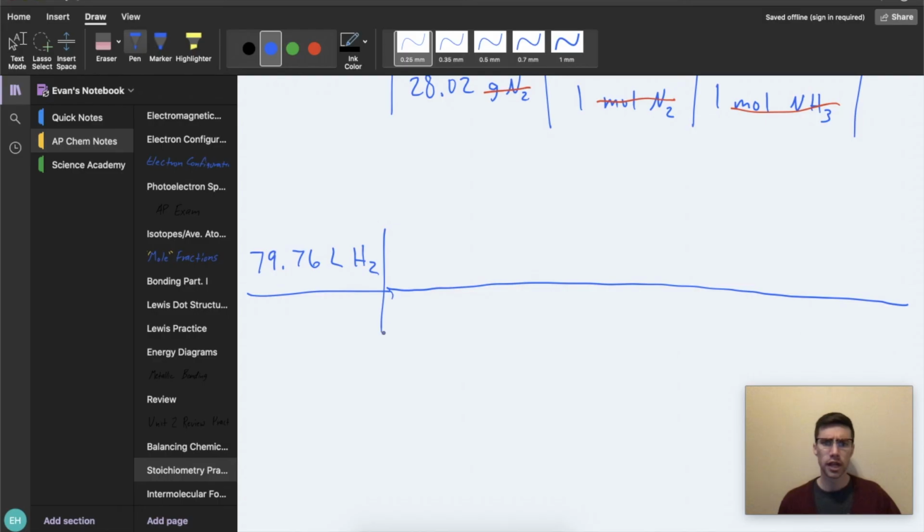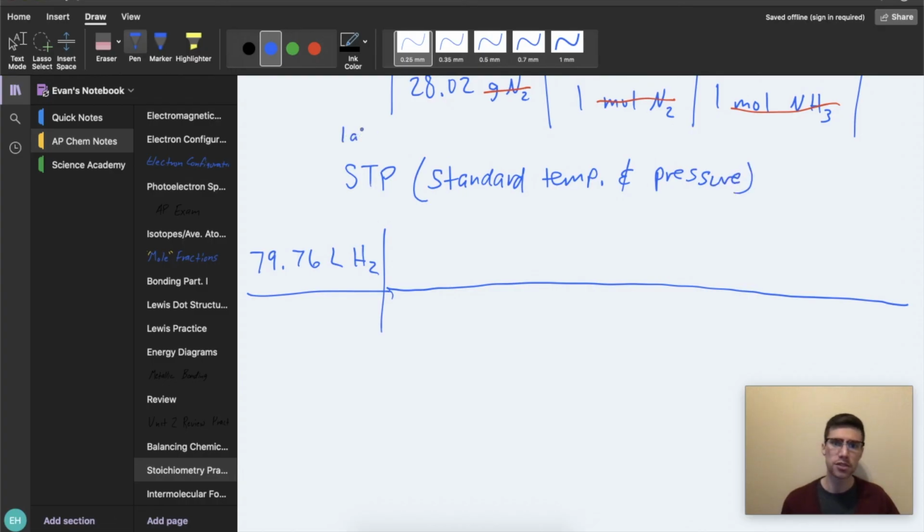Now, in our class, we haven't gone over this yet, but one thing that we're going to find when we're dealing with gases, especially gases at something called STP, which really means standard temperature and pressure, which really just means 1 atmosphere for pressure. So pressure equals 1 atmosphere and temperature equals 0 degrees Celsius.